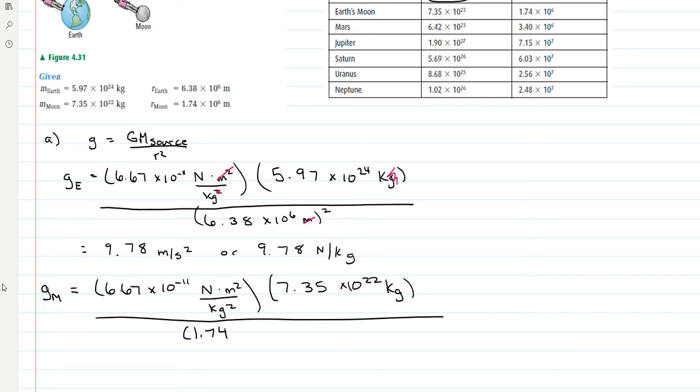Then the radius of the Moon in meters, squared. All of the same cancels happen, which again is lovely and exactly what we want. And this gets us to 1.62 meters per second squared, or 1.62 Newtons per kilogram.